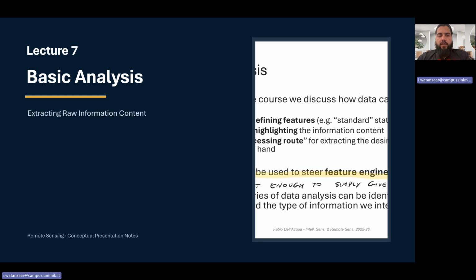So in the previous lecture, we discussed some of the basic tools and the data correction methods. Initially, we discussed radiometric corrections, geometric corrections, and spatial correction.